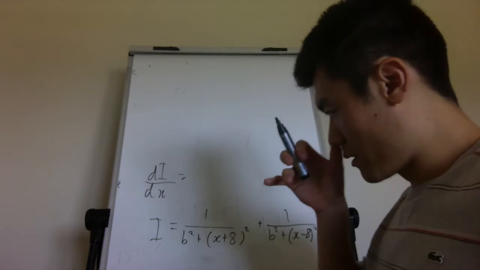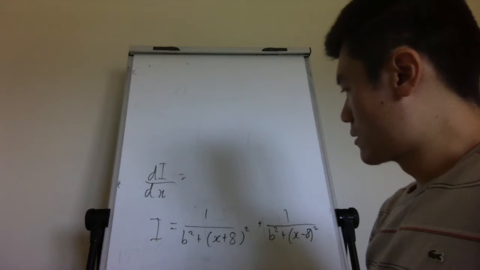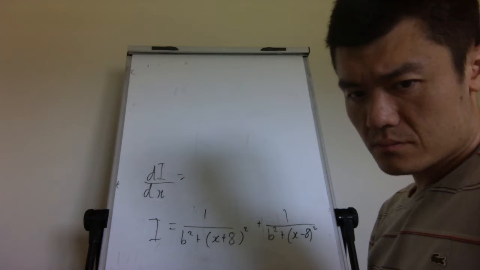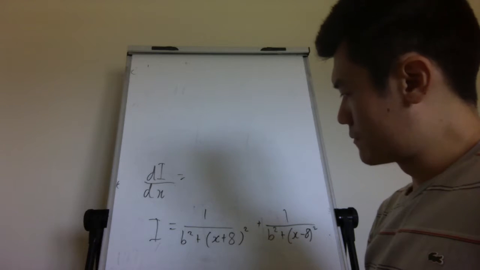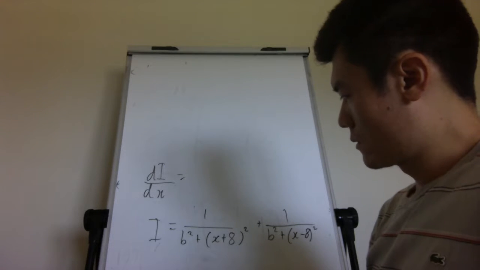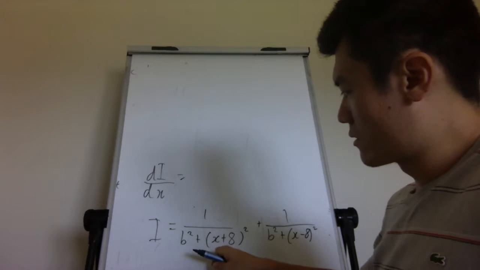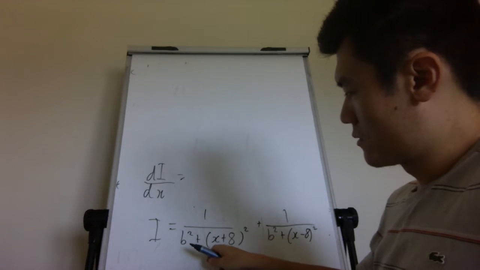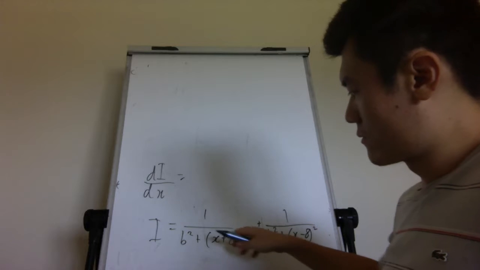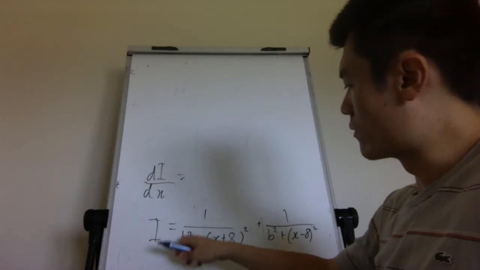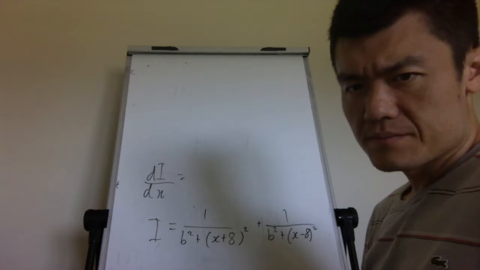Okay, and to differentiate something like this, you basically treat this just like 1 over 1 plus x squared.